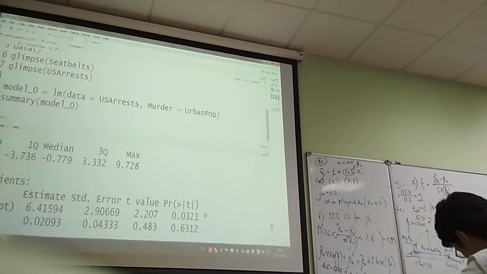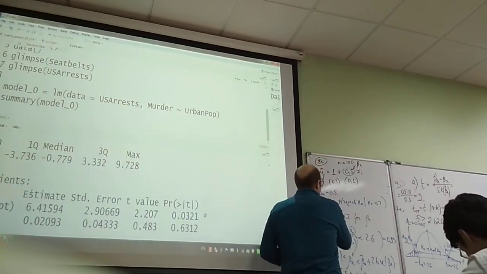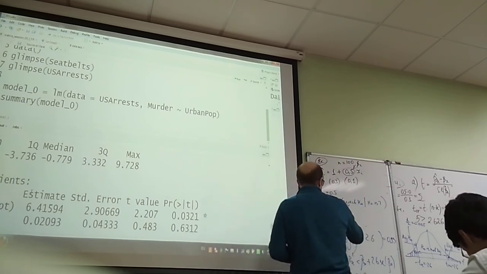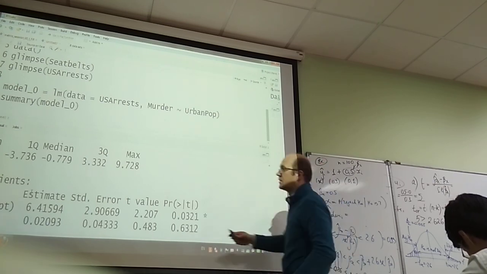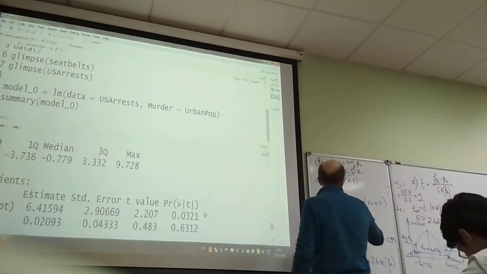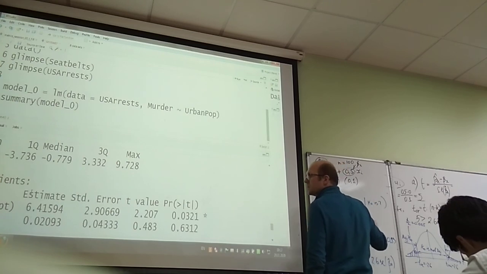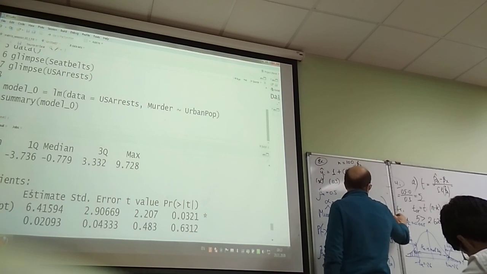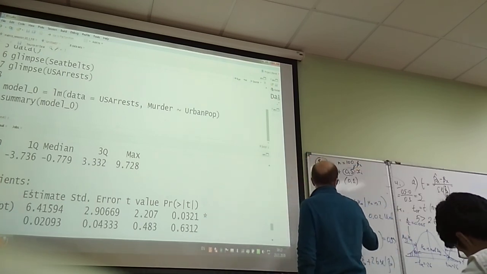In our case, the number of murders depends on, so we have estimates and standard errors in the table, 6.4 plus 0.02 times urban population, and standard errors are 2.9.